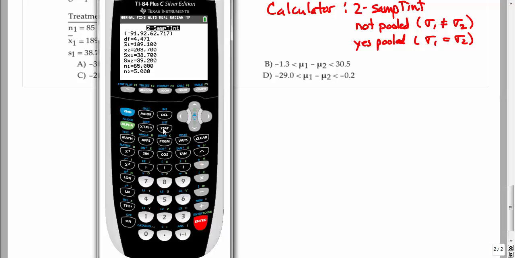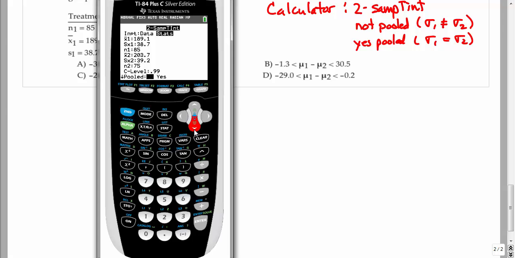So let's go back to Stat, Tests, and again I'm looking for the 2 sample t interval. There it is. And this was my mistake down here at N2. It should have been a sample size of 75.